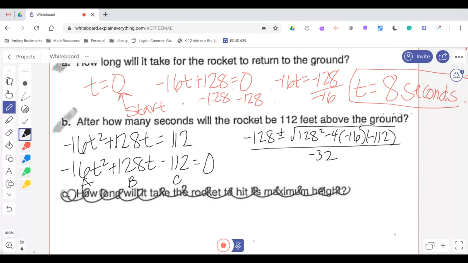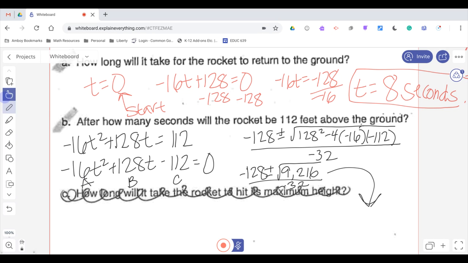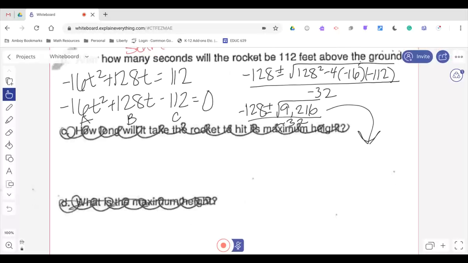And I get, negative 128 plus or minus the square root of 9,216 over negative 32. I'm going to bring it down here so I can fit all of this. And again, whether or not 9,216 has a square root, I need that number.